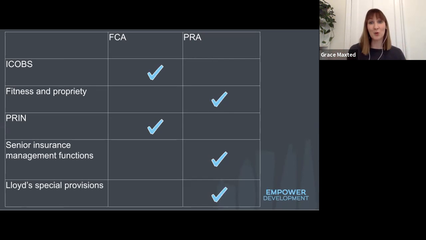Again, on the on-demand course, there's a little cartoon that talks you through that and explains the 3 different levels of how that particular aspect works. It's relatively new, so I do think I can almost guarantee there'll be 1 or 2 questions on it. As I said, it's a new area, so it wants to be examined as such. And then finally, the Lloyds special provisions come under the remit of the PRA as well. So you want to kind of compartmentalize in your mind which handbooks and source books go to which regulator.